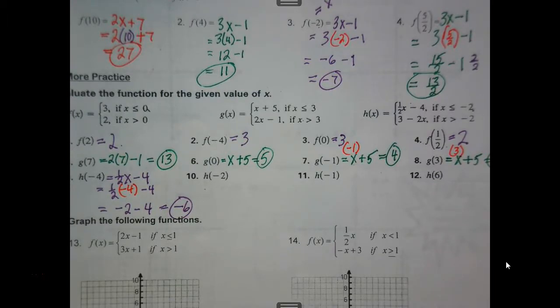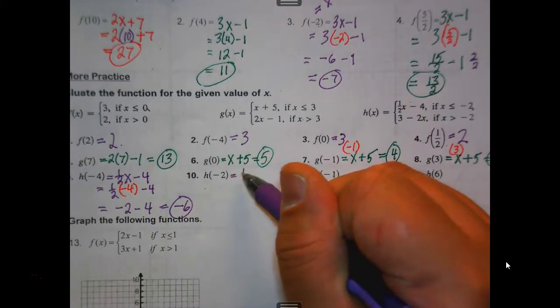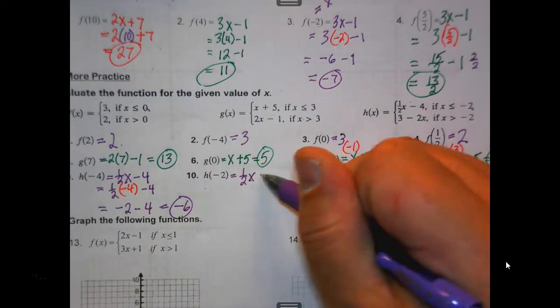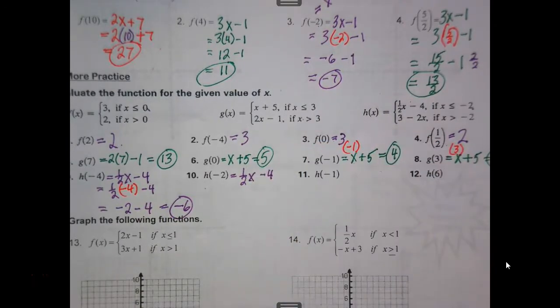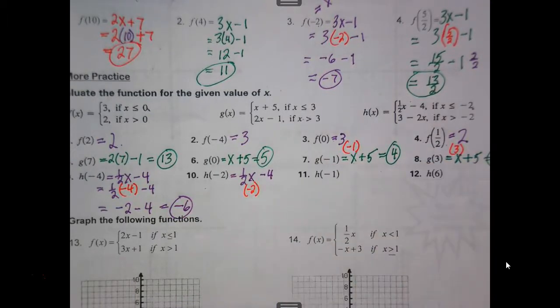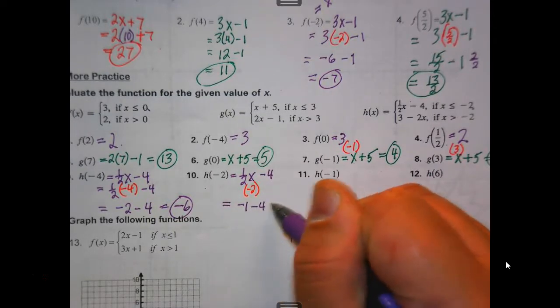See how these get a little bit more difficult? All right, -2. -2 is less than or equal to -2, so I have to use the top one. 1/2 x minus 4. My x is -2 this time. Half of -2 is -1, minus 4 is -5.